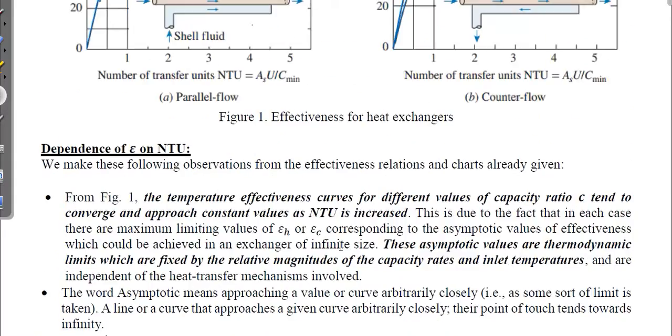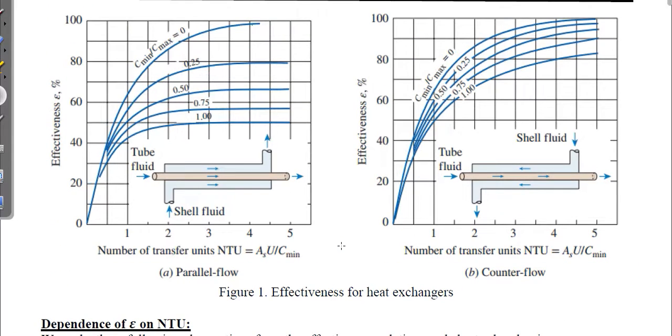thermodynamic limit of operation. Suppose, for example, we take this graph, this one of C equal to 1. We know that it is 50% maximum efficient. If our value is given as 0.5 NTU, we see how close it is to that maximum value, this much close. If it is increased to 1, we see this much close.